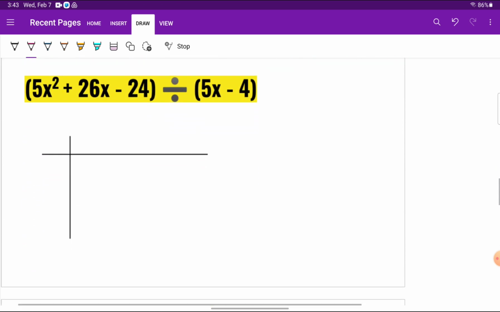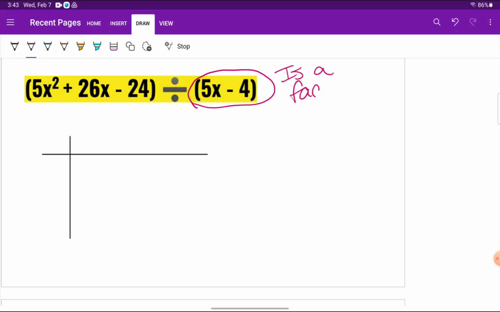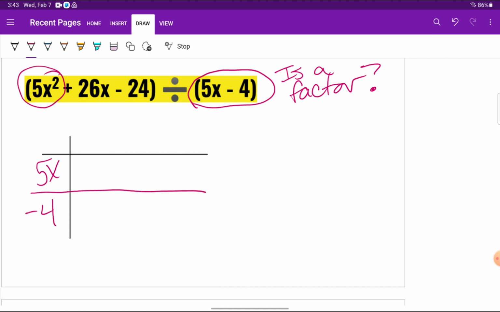Okay, and again, I could be asking, is this a factor? I know it's a factor if I divide and get 0. So let's set that up. 5x squared plus 26x minus 24 divided by 5x minus 4, and I know that 5x squared should be here.